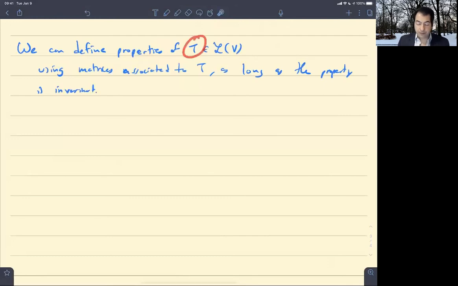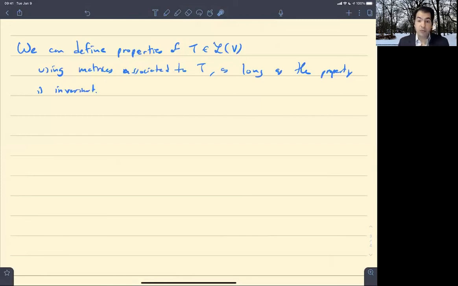So if you give me a matrix representing T, then some properties of this matrix, like what is the first entry, are not going to be invariant. So they don't actually reflect properties of T, right? But if I find some property that is the same for all similar matrices, then it's actually a property of T.